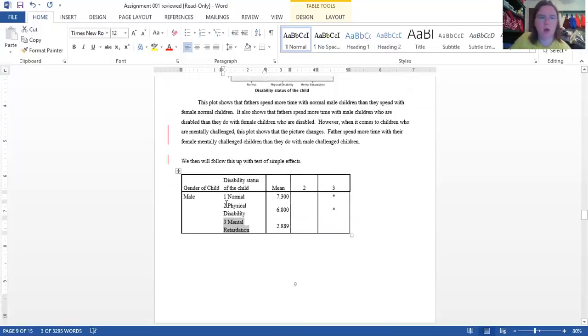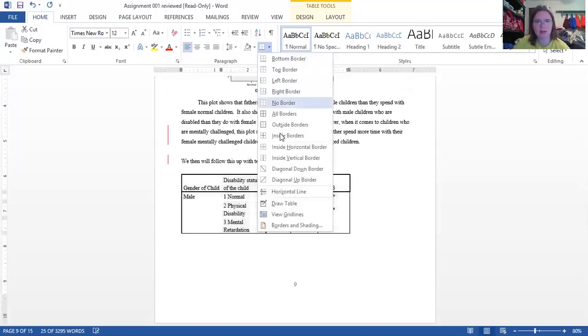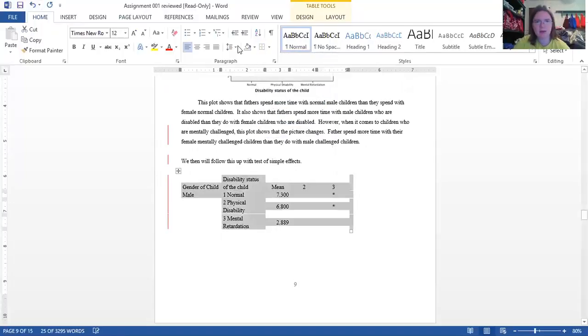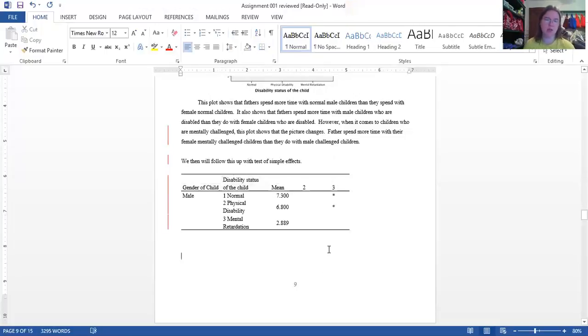So what we want to do is fix up this chart. I'm going to take out all the lines, and then put the top and bottom, and then the headers. Now it looks just like mine did. And then all we want to do down here is indicate what this P is equal to. P is less than 0.05.